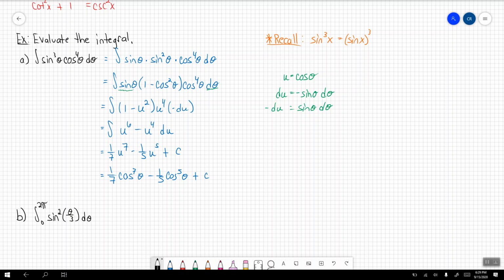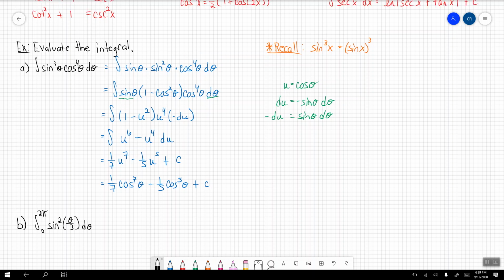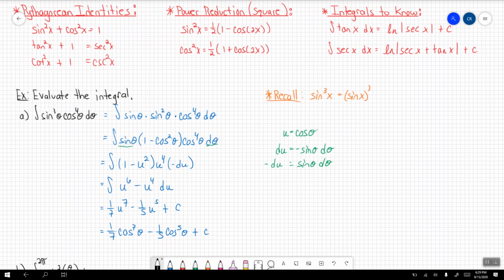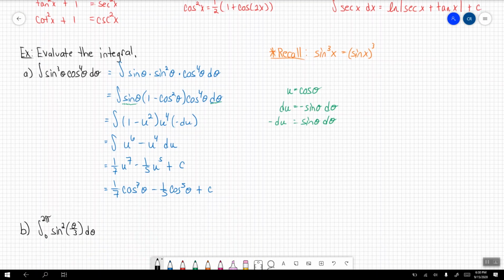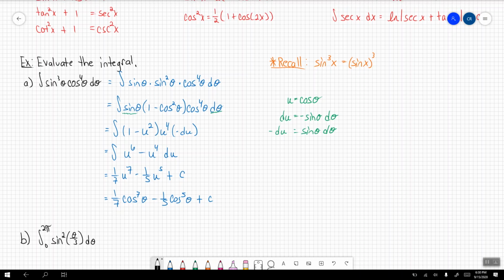So what I'm going to do is use those power reduction formulas that I was just talking about right above, on the top of your screen. So I'm going to use that to reduce this sine squared power in order to make sure that we arrive at the appropriate answer. So let's go ahead and work with that.